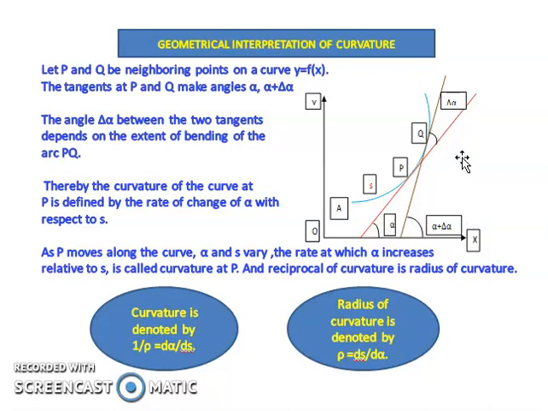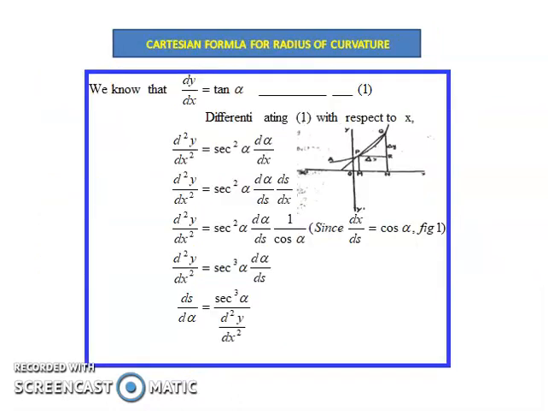Curvature is the rate of change of the angle with respect to the arc length, and the formula is 1 by rho is equal to d alpha by ds. Similarly, the radius of curvature is denoted by rho, and it is the rate of change of the arc length with respect to the angle. So the formula for radius of curvature is rho is equal to ds by d alpha.